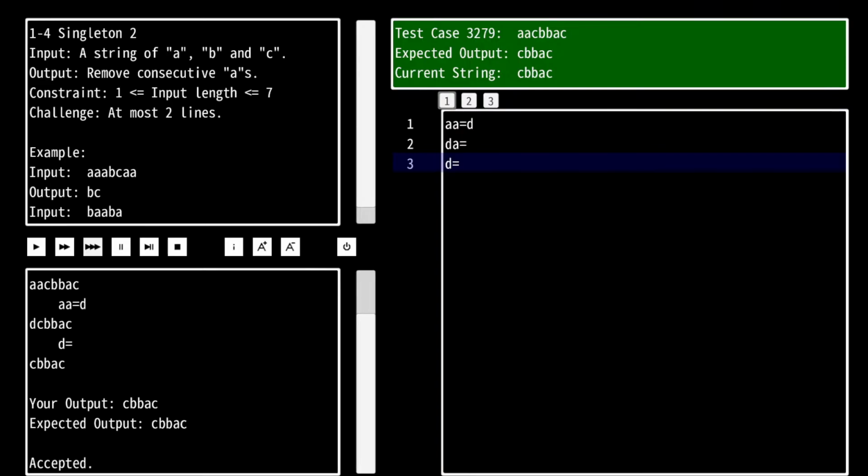But yeah, at most 2 lines. Okay. So there has to be a better way of doing this then.